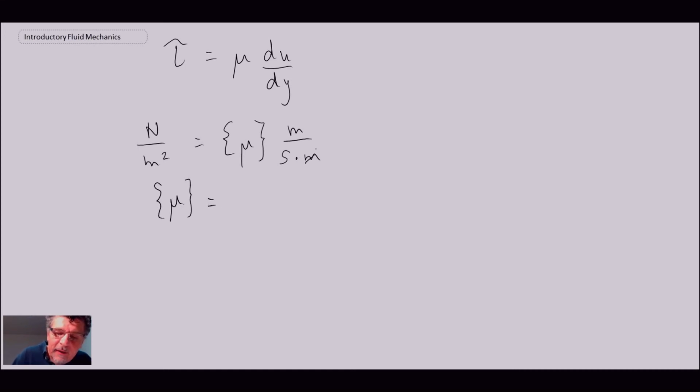So if we expand this, the meters cancel out. We have newtons seconds per meters squared. Newtons, if you recall, F equals ma, force is equal to mass times acceleration. We can expand newtons as being kilograms times meters per second squared, and then that's multiplied by seconds per meters squared. We have some cancellations that are going to occur there.